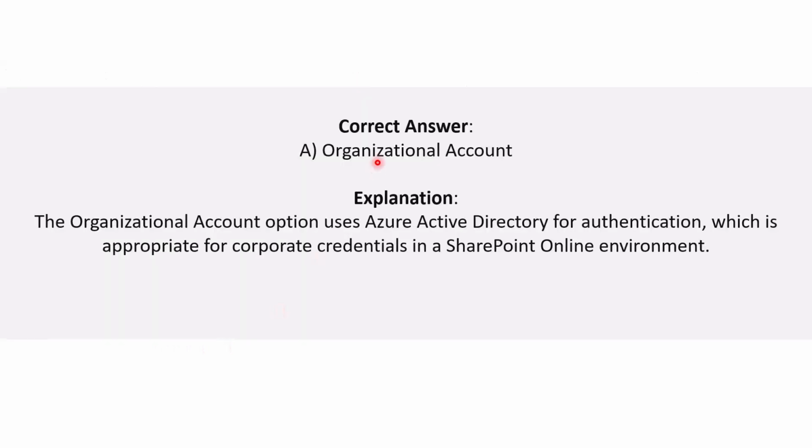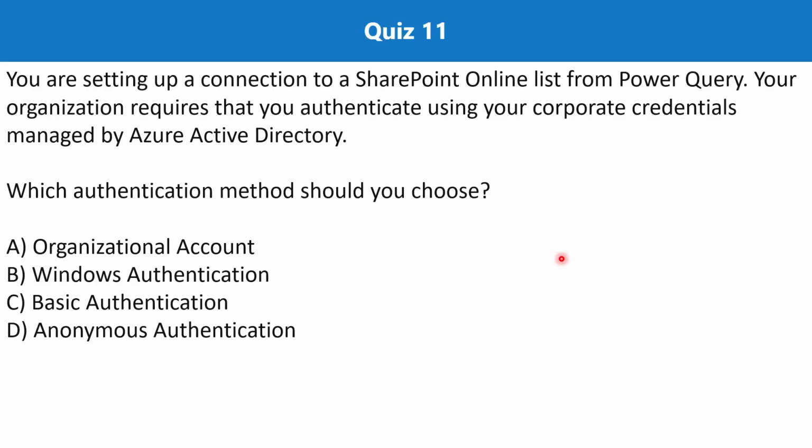The correct answer is organizational account, which is option A. The explanation says that the organizational account option uses Azure Active Directory for authentication, which is appropriate for corporate credentials in a SharePoint online environment. We actually did this when we were connecting to SharePoint, and we saw that we use the organizational account credential.